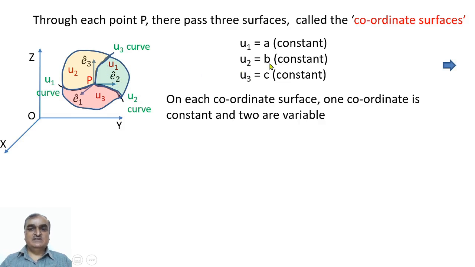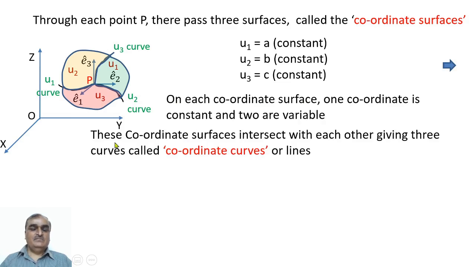Then if u2 is held constant, let us say u2 is equal to b, then we get the u2 surface. And if u3 is constant, then we get the u3 surface. That is, on this u3 surface, only the u3 coordinate is constant and u1, u2 vary. On each coordinate surface, one coordinate is constant and two are variable. These coordinate surfaces intersect with each other.